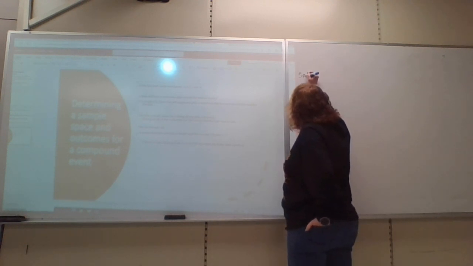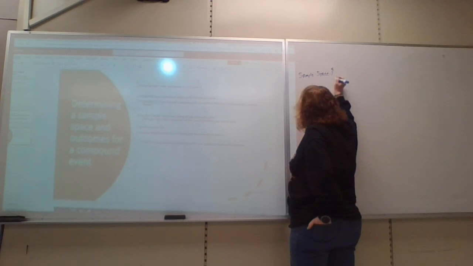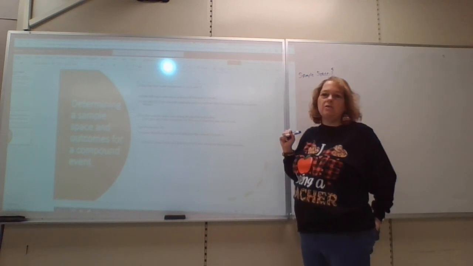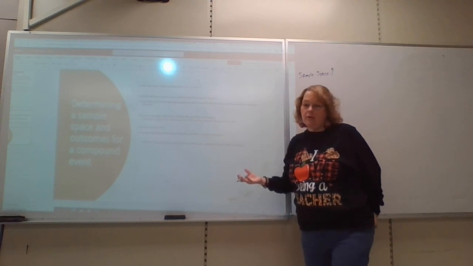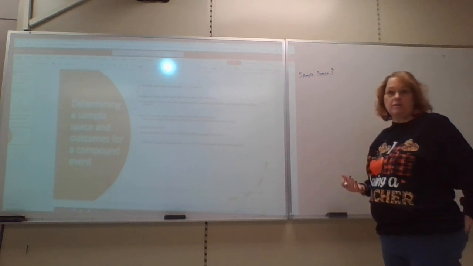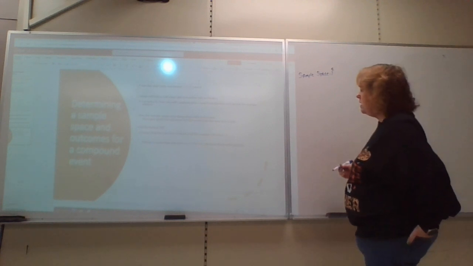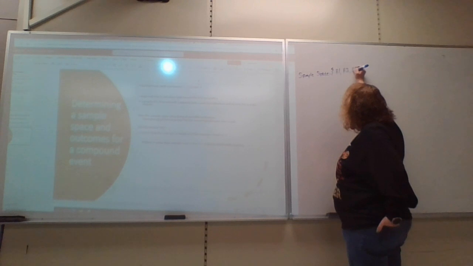Remember they did that sample space. I was trying to explain to somebody that with the sample space, you don't do probability. It is probability, but you're listing them, all of the possible outcomes. So we're doing the H first, so H1, H2, H3, H4.